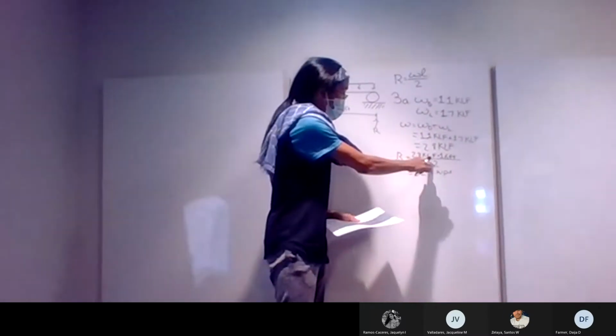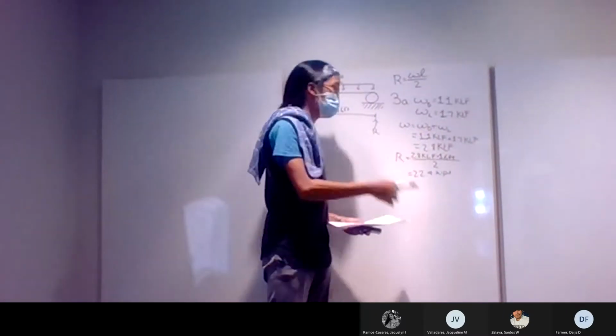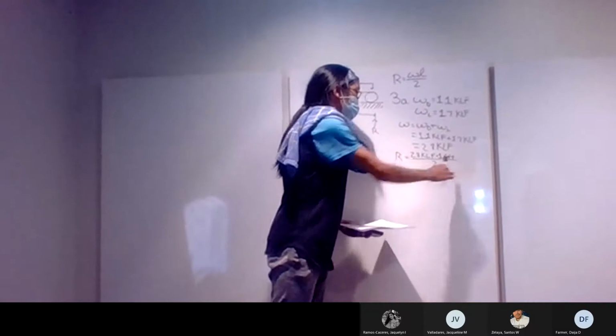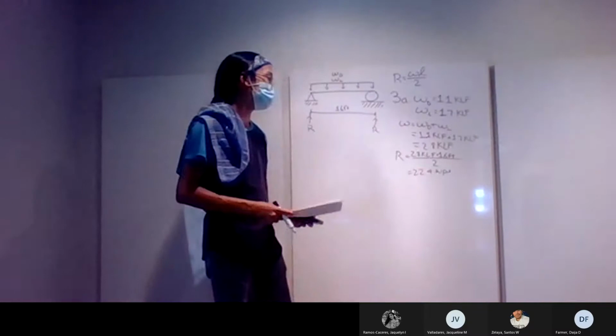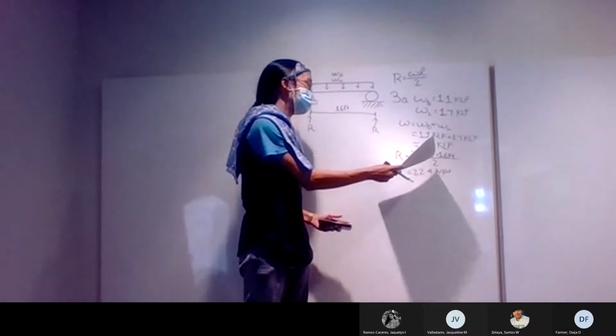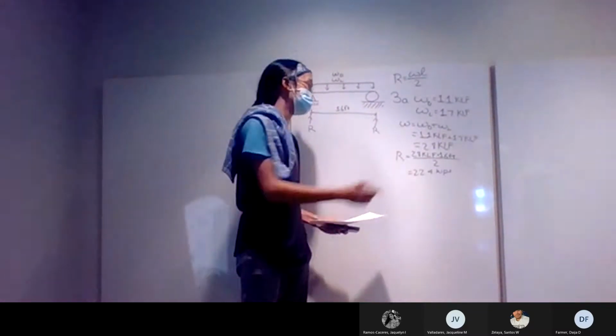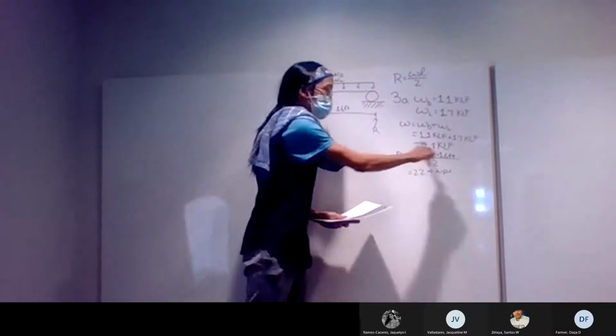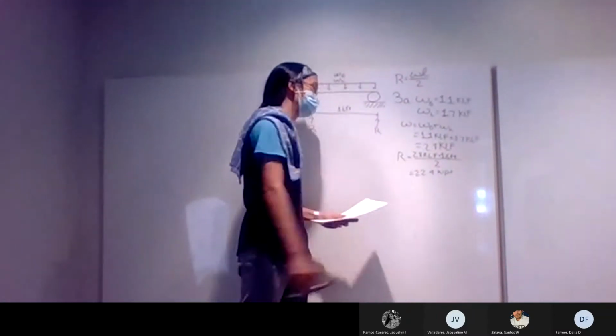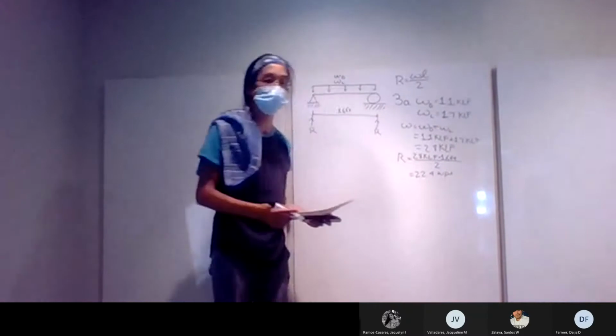So you can see here, kips per linear foot, that's kips over feet. And then we multiply it by 16 feet, so the feet cancel out each other. So we're just left with kips. So every single linear foot that there is, there's going to be 2.8 kips of load on there. So there's 16 feet, 16 times 2.8, we're going to get 22.4 kips.